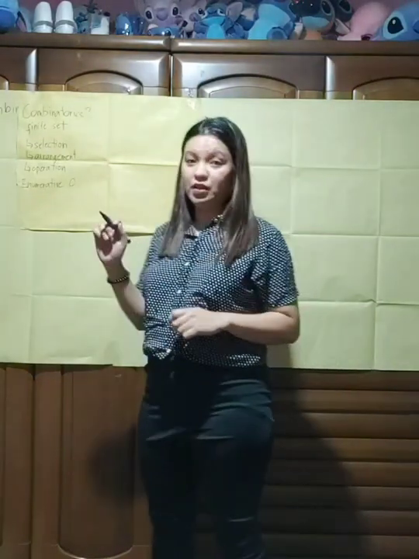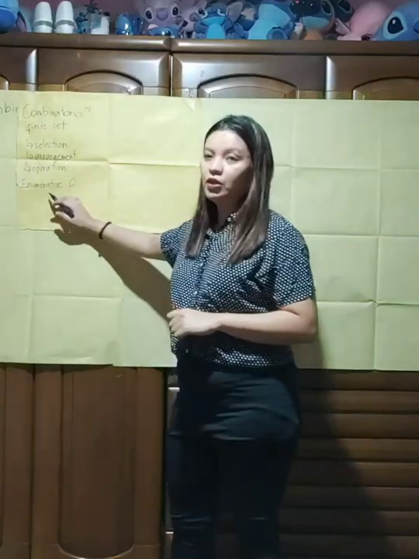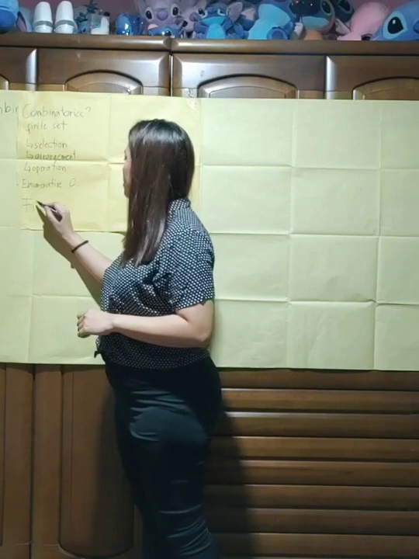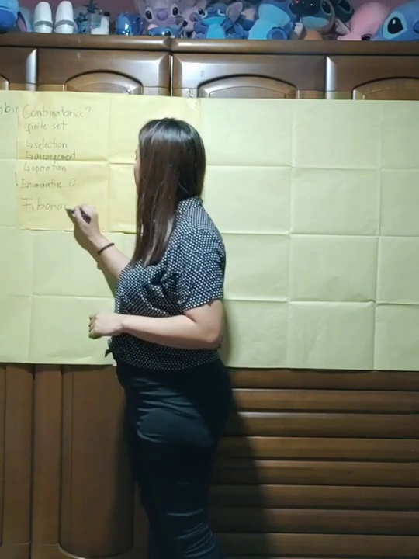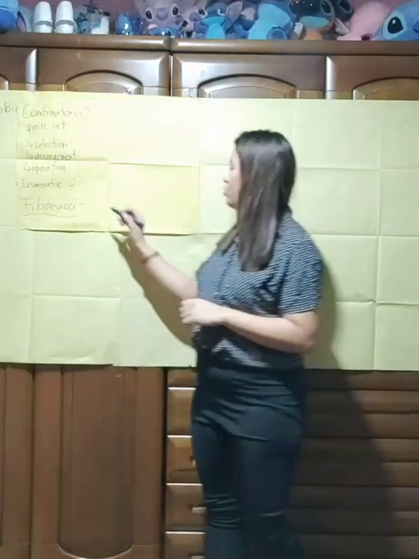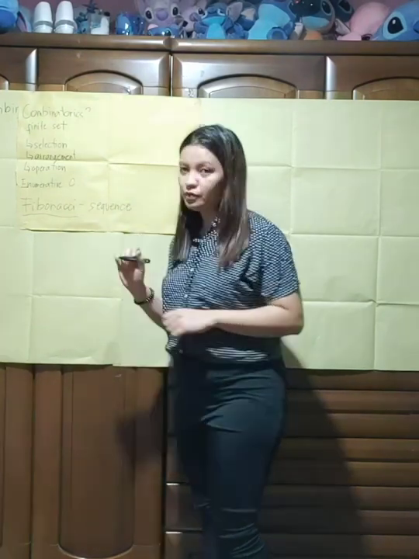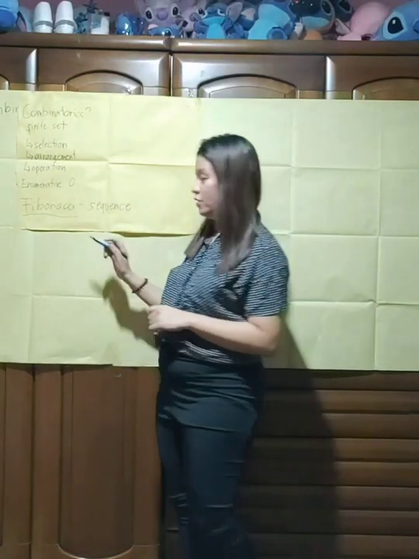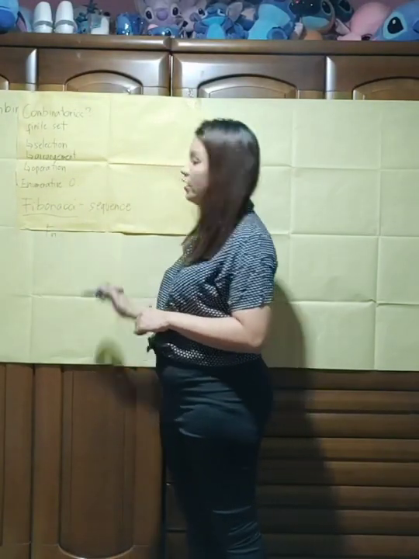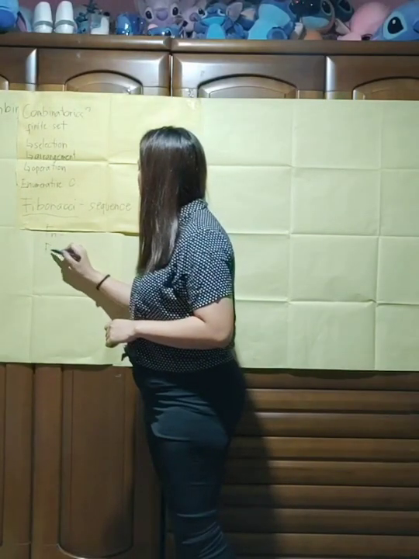So what is the basic problem of enumerative combinatorics? The basic example is Fibonacci. Fibonacci is a form of sequence. It starts with 0 and 1.